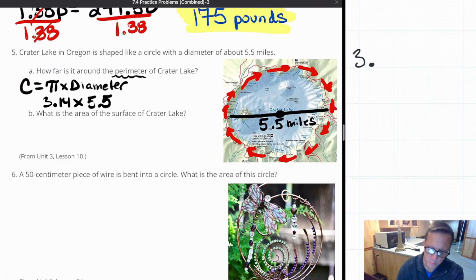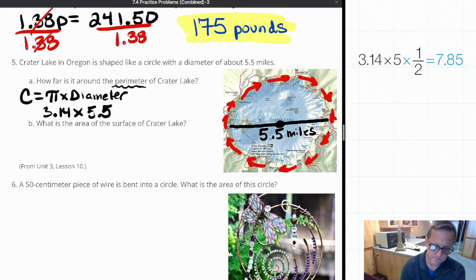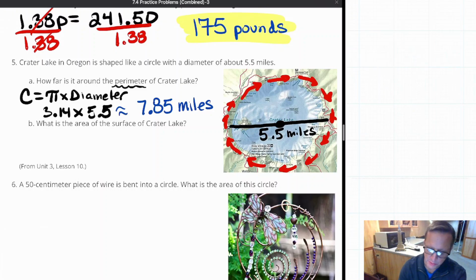So I'm going to do 3.14 times 5.5. All right, and that's almost 8 miles, so 7.85. No, that doesn't make sense. Let me try that again. This calculator's sometimes bad. I just realized that does not make sense.